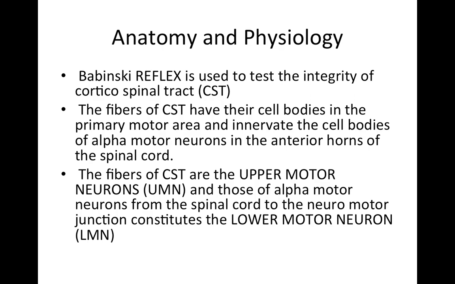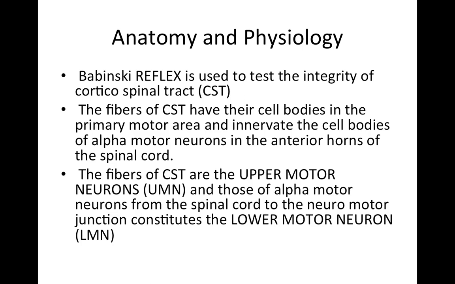The alpha neurons of the anterior horn cell and their axons, from the anterior horn cells to the neuromuscular junction, are called the lower motor neurons. Babinski test will give you information about the integrity of the upper motor neurons. That is the corticospinal tract.